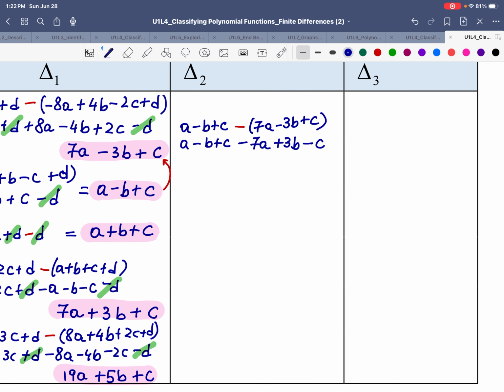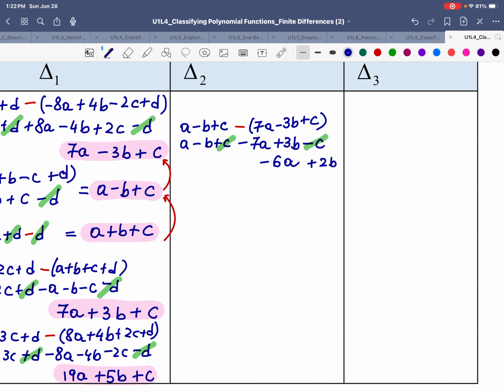As you can see here, this time we have c and negative c that add to 0. A minus 7a is negative 6a, and negative b plus 3b will be equal to 2b, or not to be. All right, so here we go. We're going to go ahead and find the differences between the next delta 1 values.